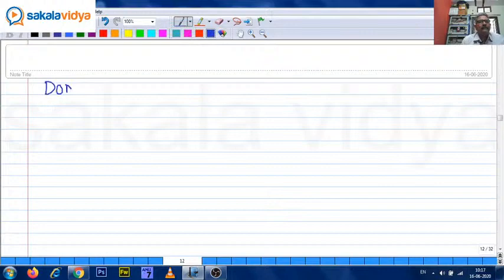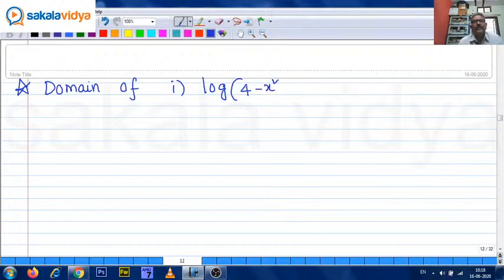Domain of first, these are all problems only. Domain of log of 4 minus x square. Second, log of 9 minus x square.